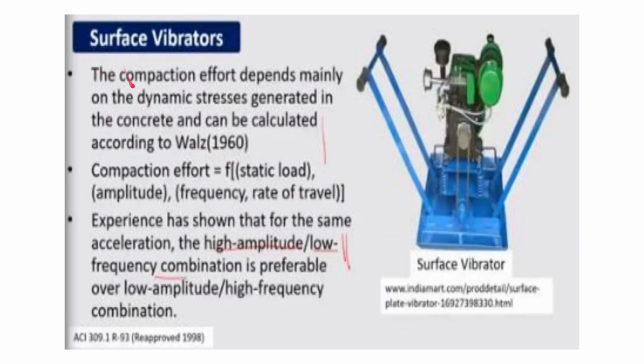The compaction effort depends mainly on the dynamic stresses generated in the concrete and can be calculated according to a study done by Walls in 1960. The compaction effort is a function of static load, amplitude, frequency and rate of travel. Experience has shown that for the same acceleration, the high amplitude, low frequency combination is preferable over the low amplitude, high frequency combination.